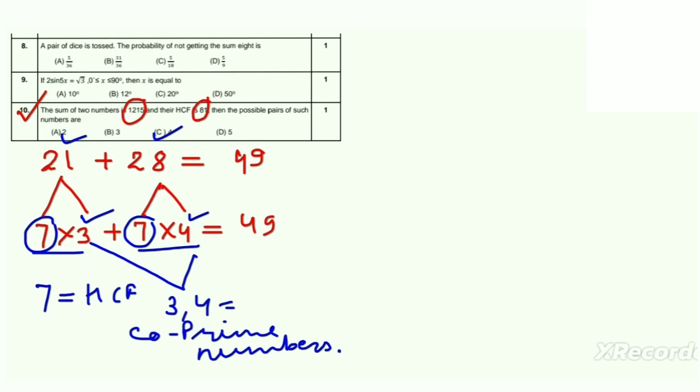And as we know, co-prime numbers are those numbers which have only one common factor, that is 1, right? And according to this question, we need to find such pairs of co-prime numbers, isn't it?